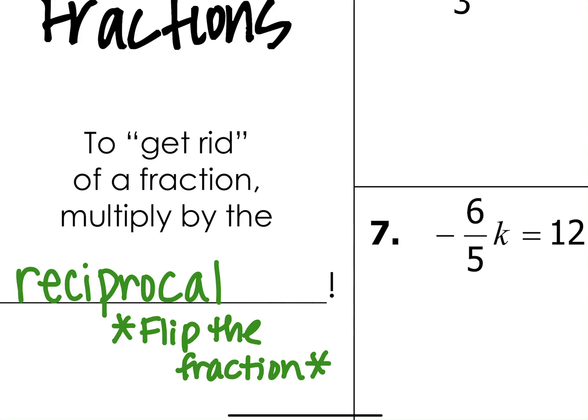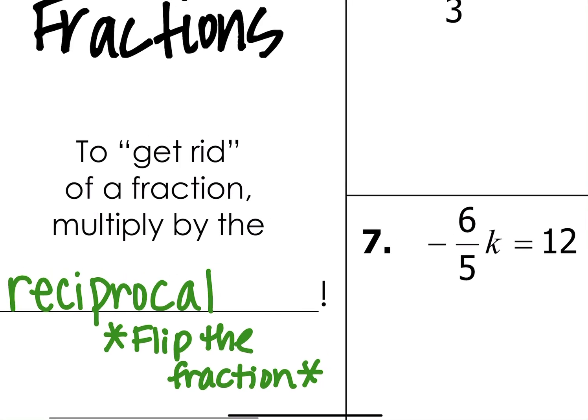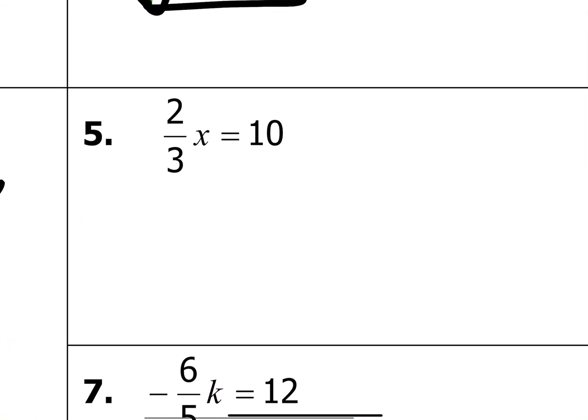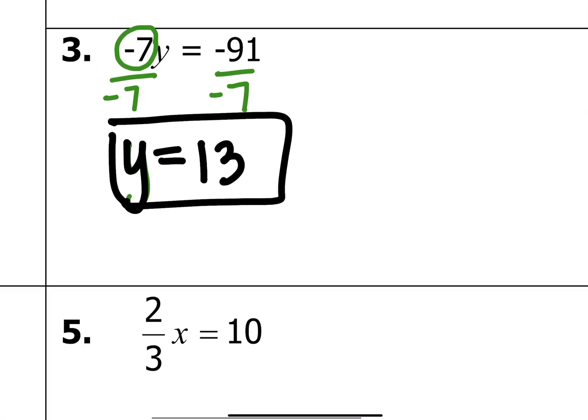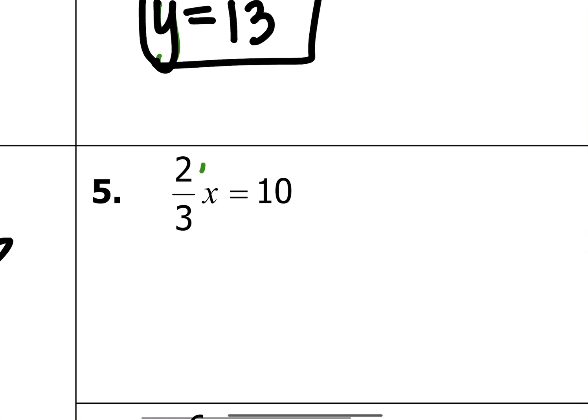However, a description of that word is that the fraction flips. So for number 5, just like number 3, the goal is to make the coefficient become 1. Okay, so I need this fraction to become 1. A way to make it become 1 is to multiply by the reciprocal.